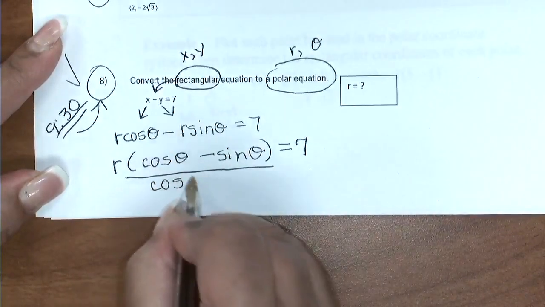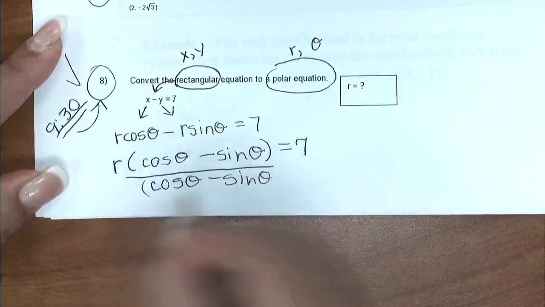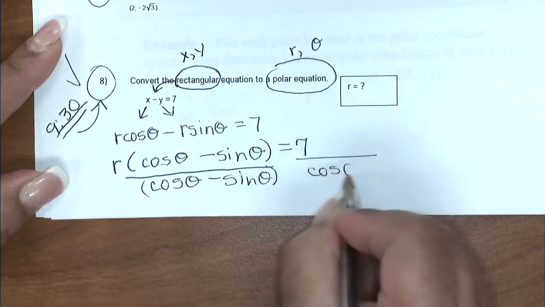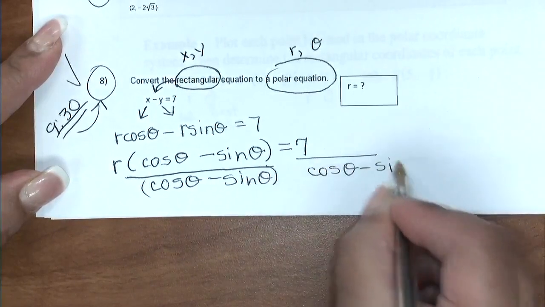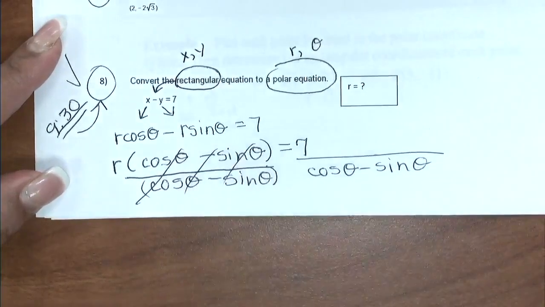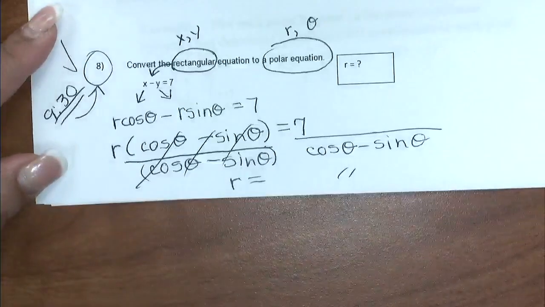Divide it right off of the R, this entire expression. And remember, whatever you do to one side, you have to do to the other side. And then that's exactly what you would put in the calculator. You would just put R is equal to, and you would enter that in the calculator.